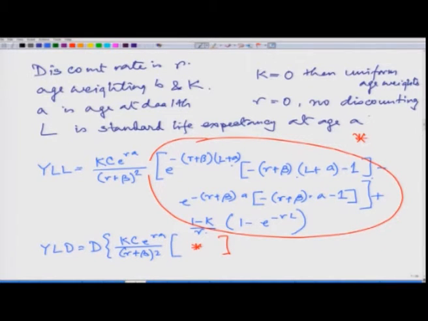Okay, so this is about how we estimate years of life lost and years lived with disability. And once you have an idea about the years of life lost and years of life lived with disability, then you have got disability adjusted life years. Once you have the DALY for different diseases and different programs, the unit remains the same, years or months.